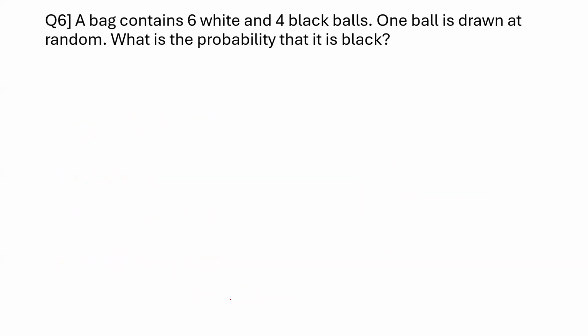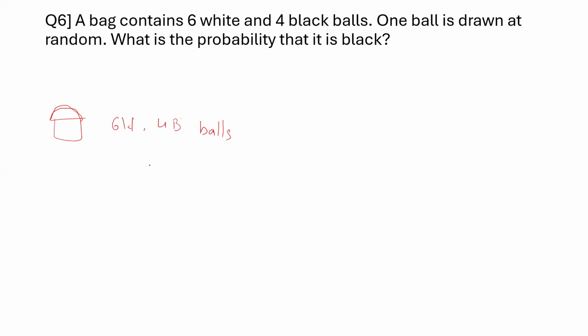Next problem. A bag contains 6 white and 4 black balls. Again, you have a bag, right? And it contains 6 white and 4 black balls. One ball is drawn at random.